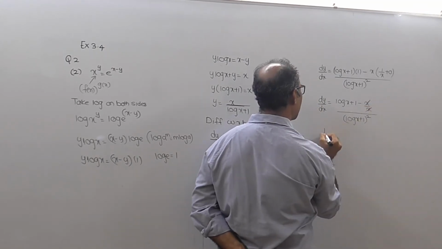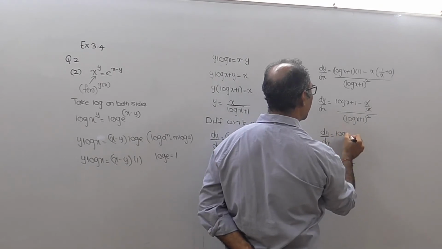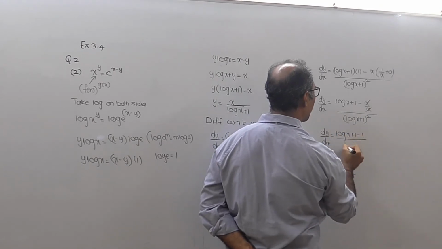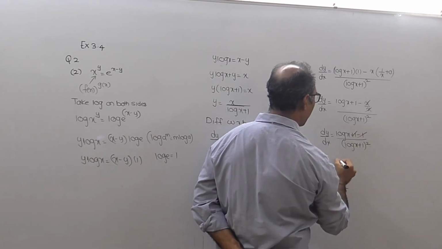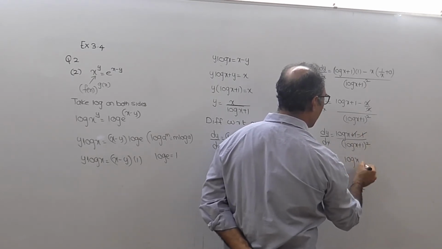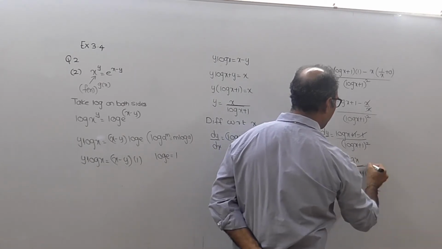Cut this and this, dy by dx equal to log x plus 1 minus 1, the whole upon log of x plus 1 the whole square. Plus 1 minus 1 cut, the answer is log x upon log of x plus 1 the whole square.